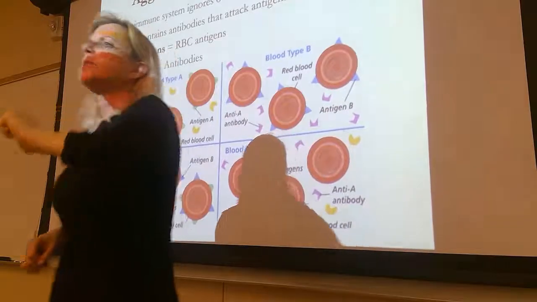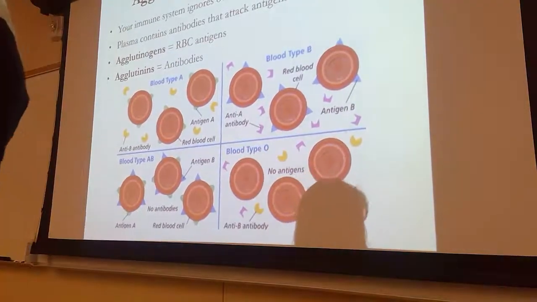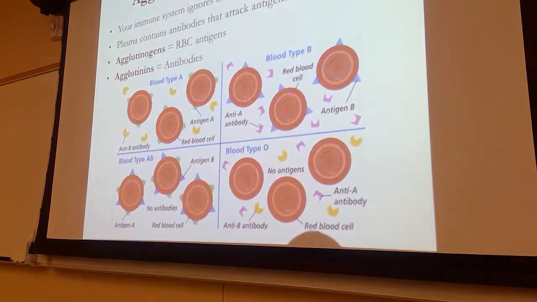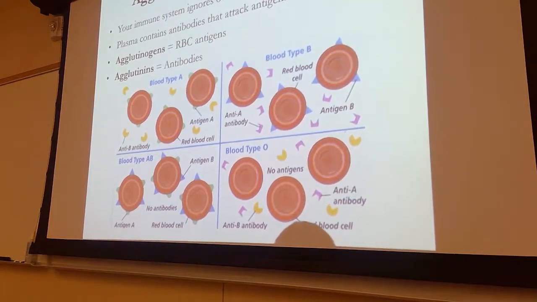Should you have antibodies that attack your own antigens? You see, when you express these antigens, we call them self-antigens. You should not create antibodies against self. If you do, what do we call that? An autoimmune disorder.